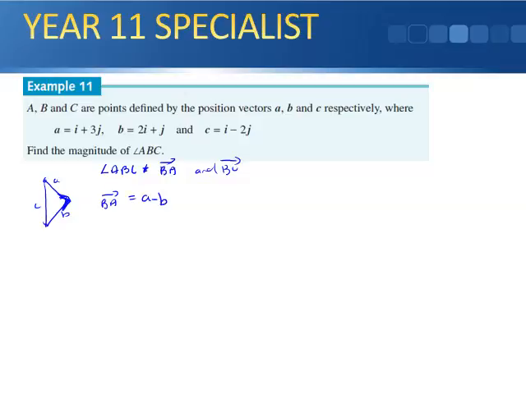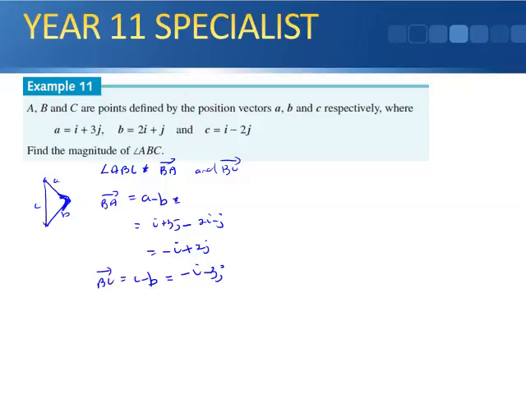It doesn't matter if you do b minus a, we only want to find this angle. Now a minus b is i plus 3j minus, that's the whole thing, 2i minus j. When we work this out, we get minus i plus 2j. And BC will equal c minus b, and when I work that out, it's going to be minus i minus 3j.